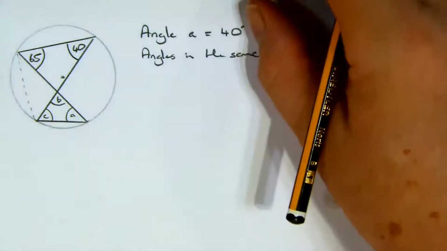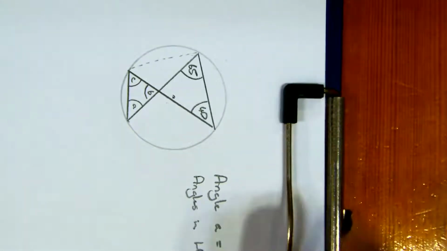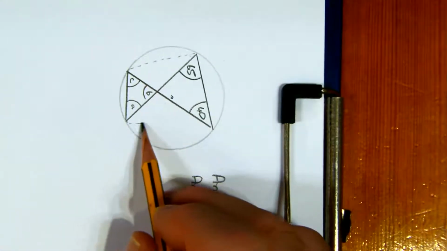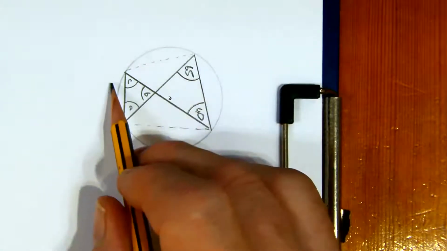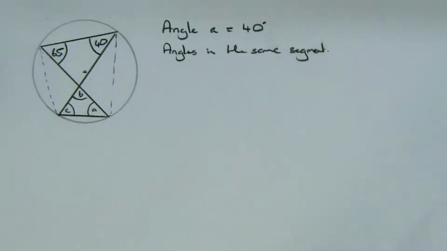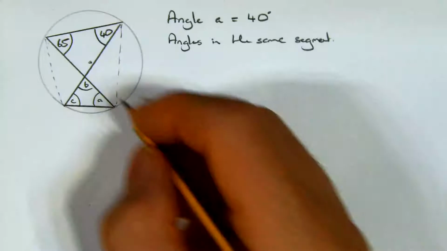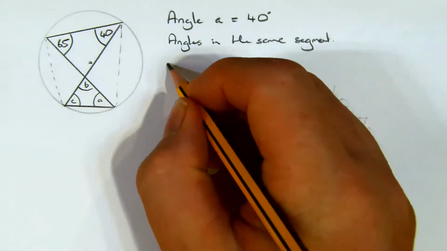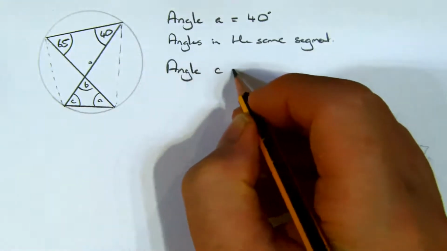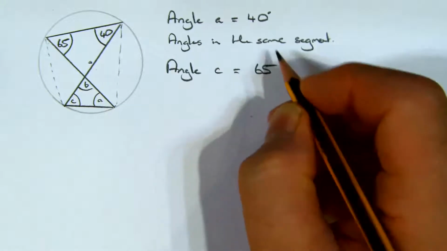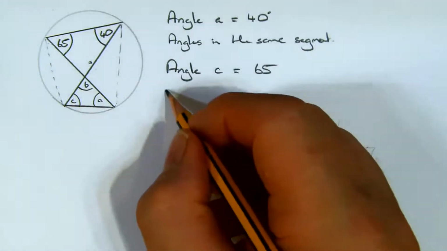Similarly, if I look at this one round this way, then if this angle is 65, then that angle is 65. Same reason.